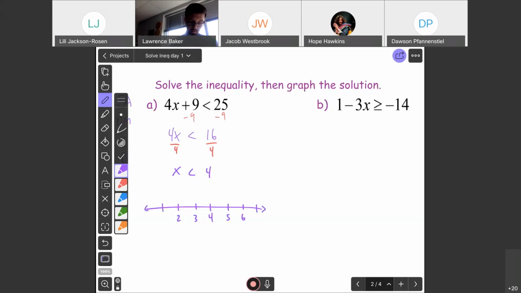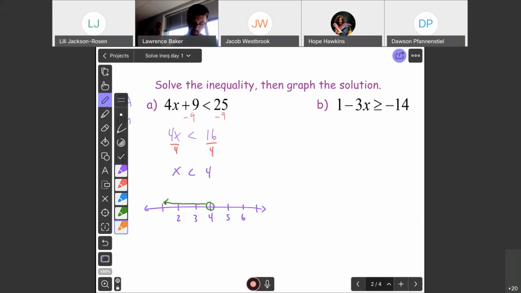And then since that's an open circle, since it's not equal to, and then since it's a less than, we want to graph to the left. Okay. So that's what I'm expecting you guys to have for your answers.